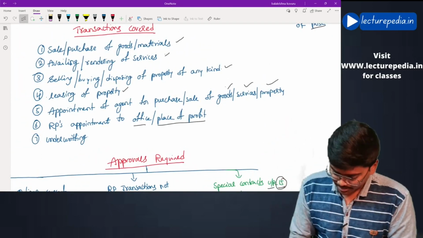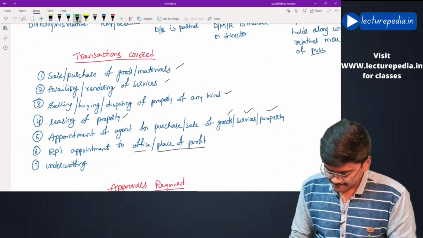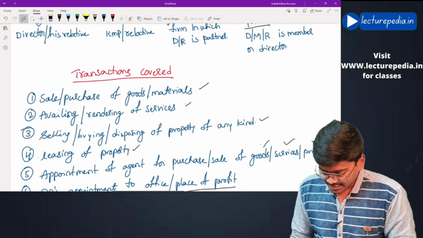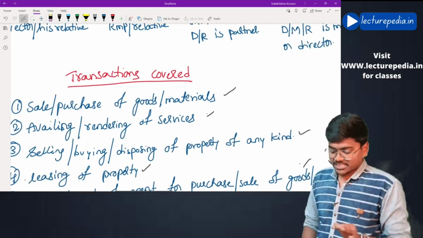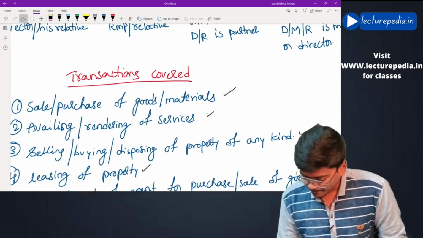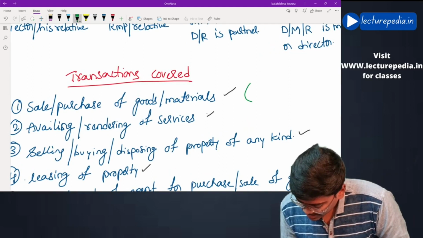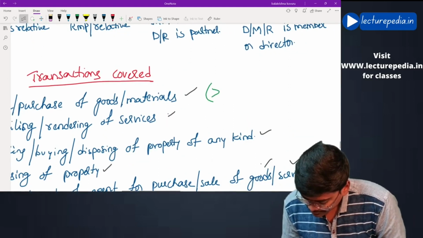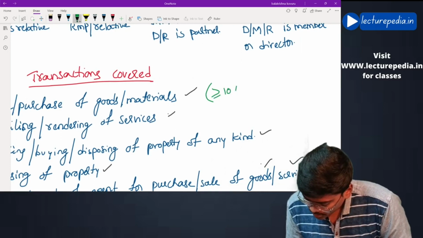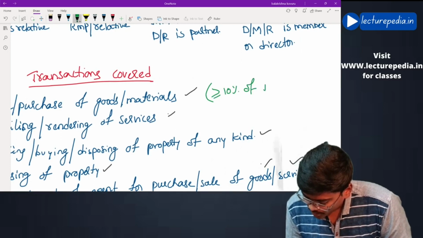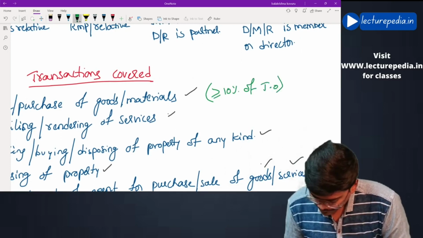What is the limit? Let me tell you the limit. In case of a sale or purchase of goods or material exceeding or equal to 10% of turnover of company.